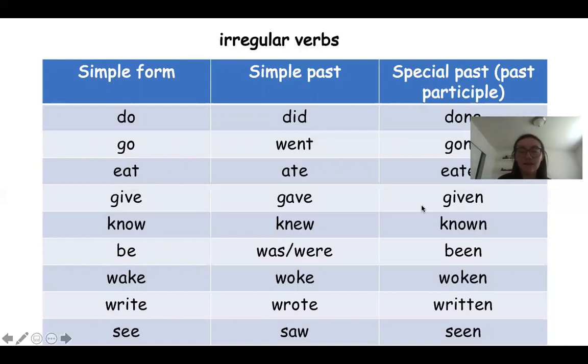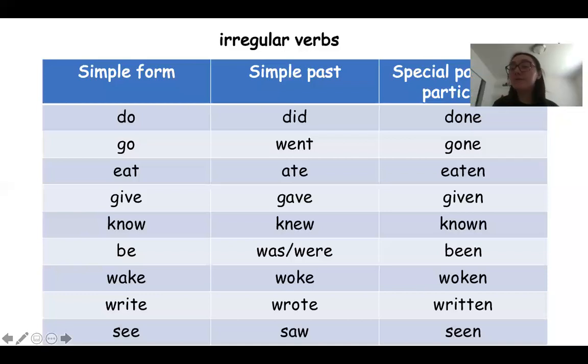So I listed all of these verbs so you can start memorizing some of the irregular verbs and how to change them from just talking about the past to the special past verb, which is the one we use when we say I have or I had, if we're using past tense, right? So go, went, gone.